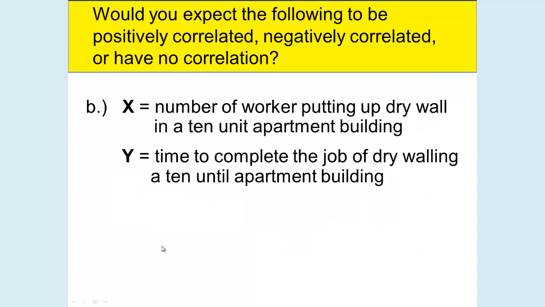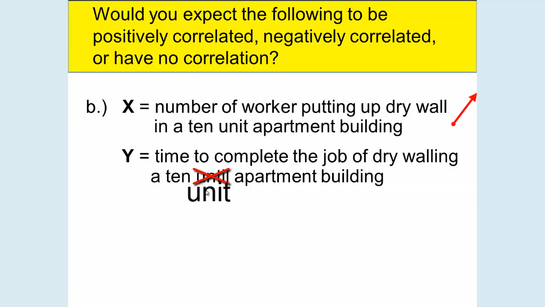X is the number of workers putting up drywall in a 10-unit apartment building. Y is the time to complete the job of drywalling a 10-unit apartment building. So what's happening? We increase the number of workers.